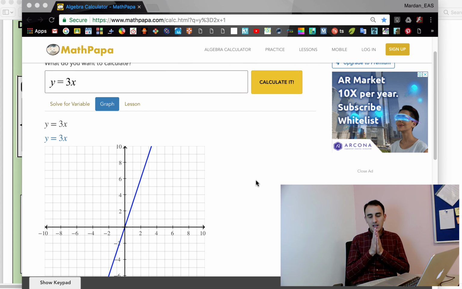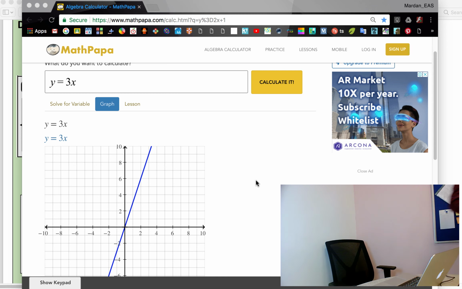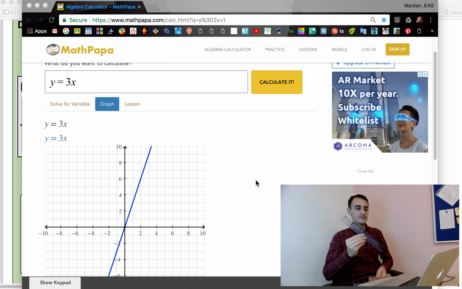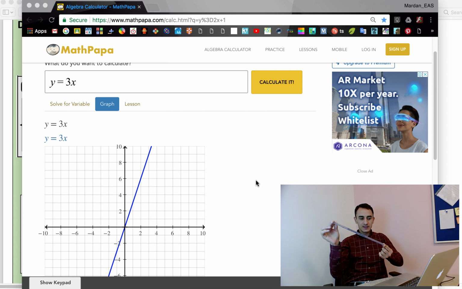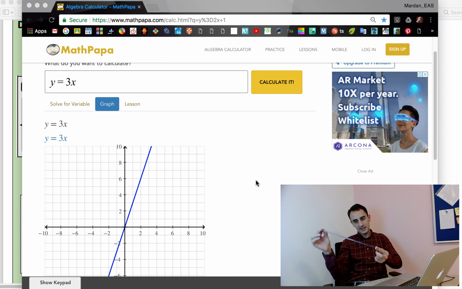by changing the value of the number in front of x, the steepness of our line changes. Let's say this is our line. The steepness means the orientation, making a kind of angle with the x-axis, right? This is more steep. This is less steep. Less steep.